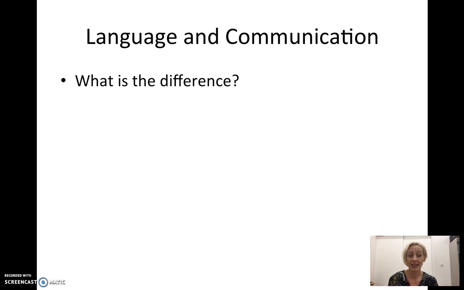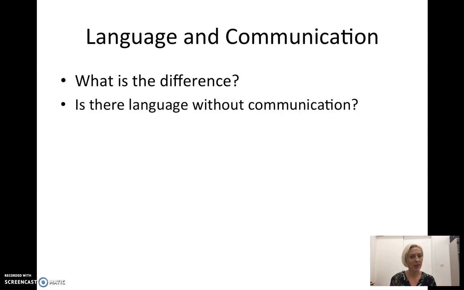Of course, that also happens with language. Language uses symbols, such as words, to talk about meaning and share that meaning. So what is the difference between language and communication?